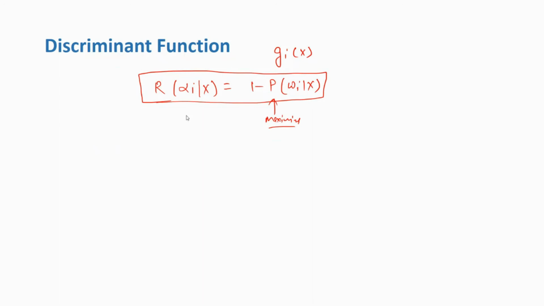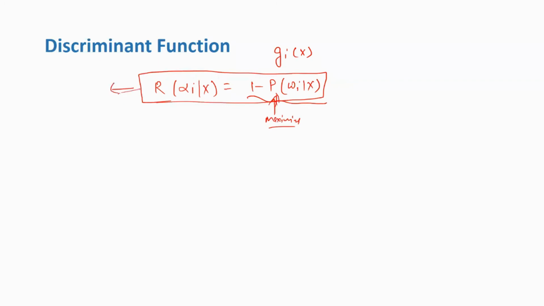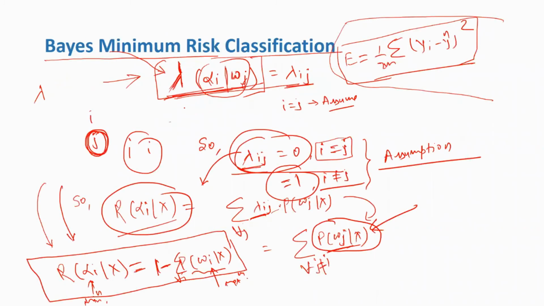It means the entire value of this one should be maximized. One second, I think I have made a mistake. It will be minimize only, okay? To minimize the risk, we have to minimize the whole function, this value. We have to minimize the entire risk. Yeah, it is the risk only that we derived here. Yeah, the same risk.